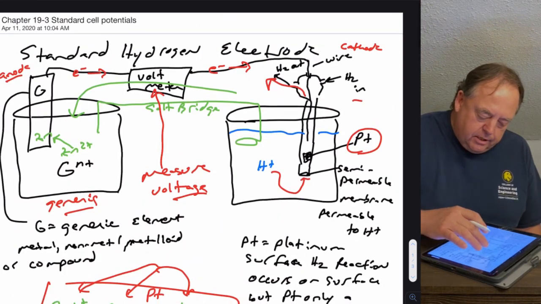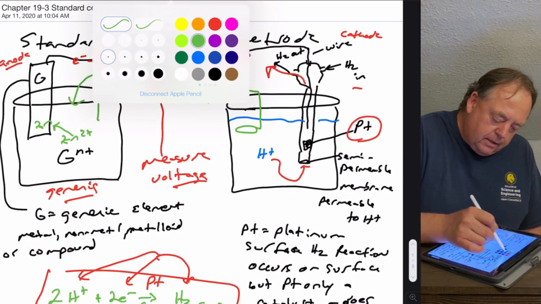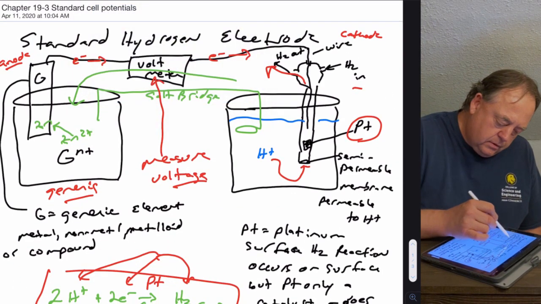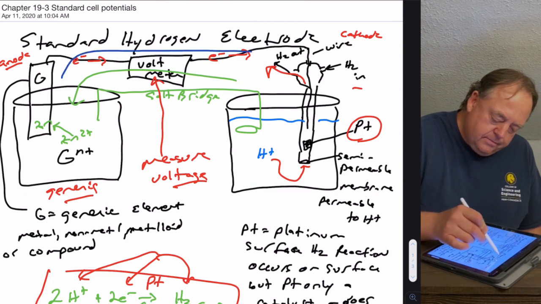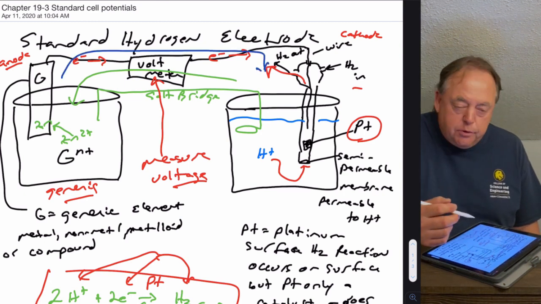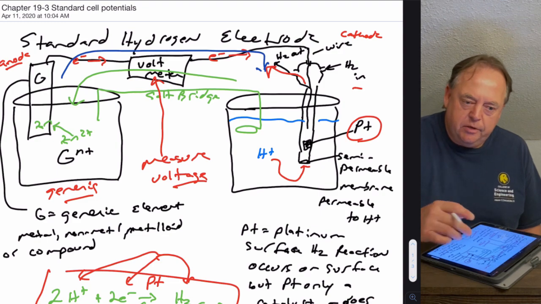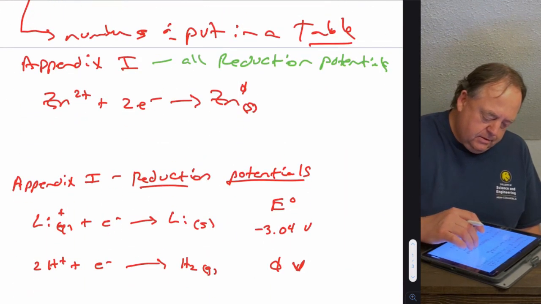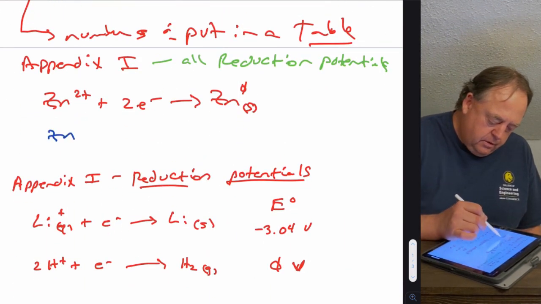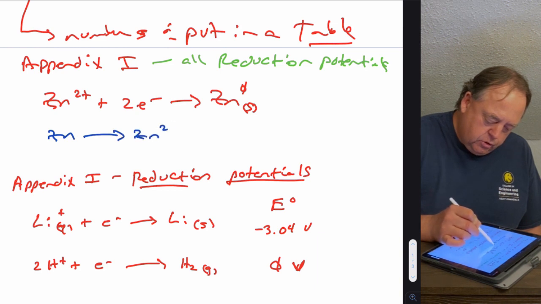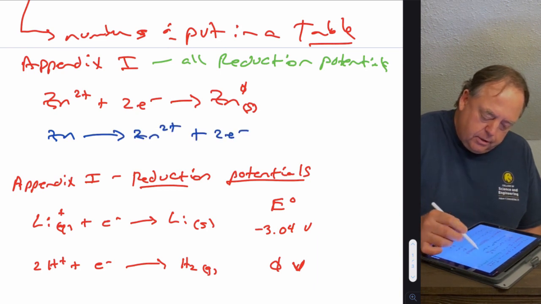So in the cell set up here, if the cell is running from right to left, and zinc is giving up 2 electrons to H+, which becomes hydrogen gas, then that would be zinc going to zinc 2+ plus 2 electrons.